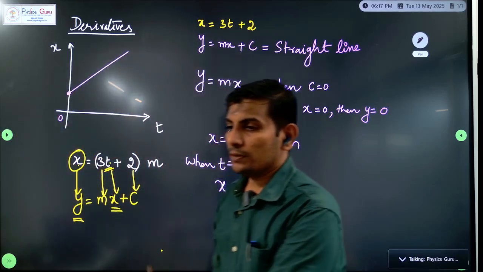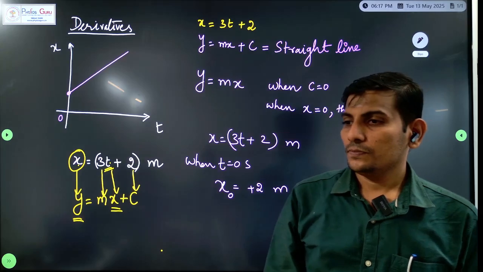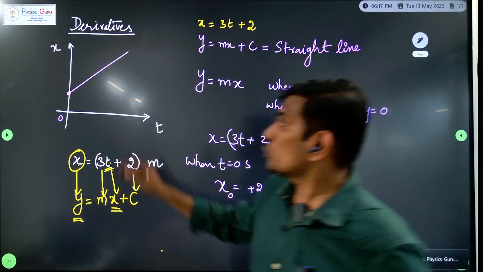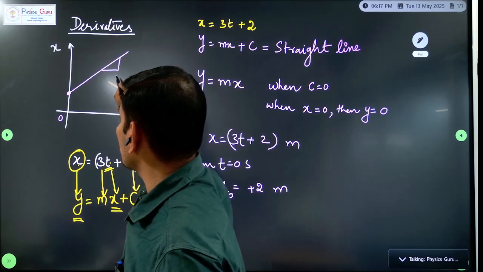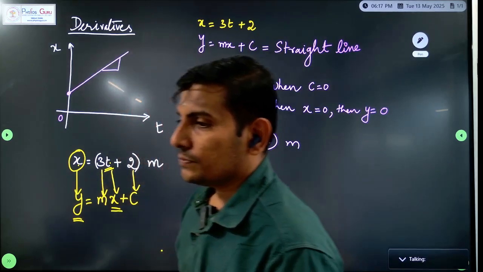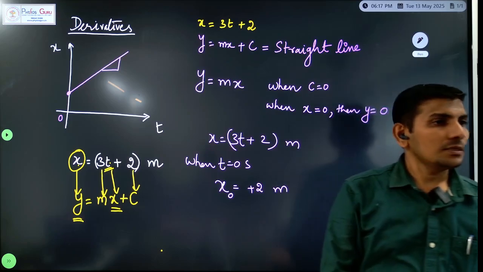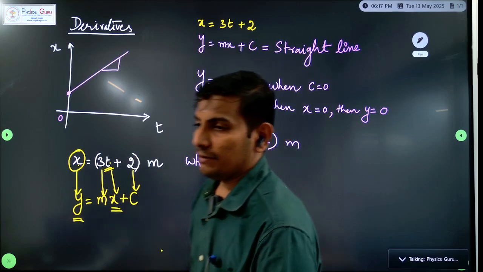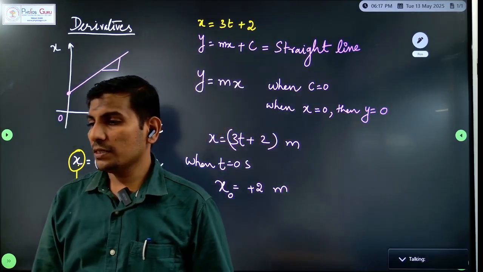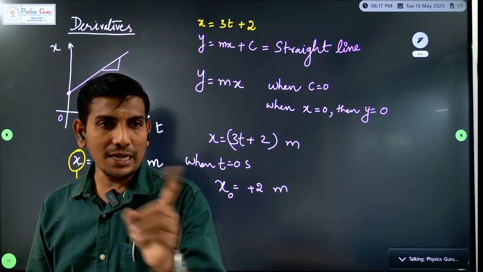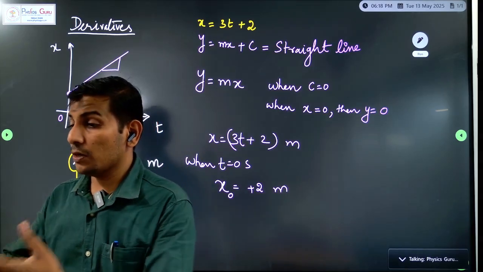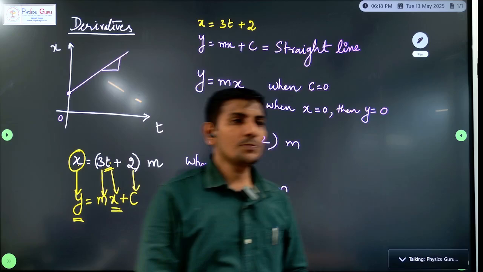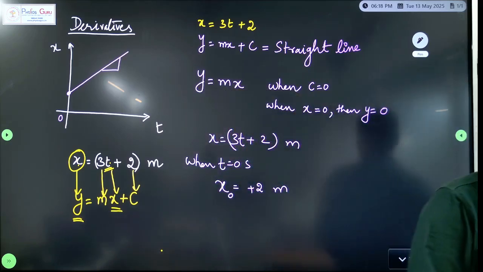And what does it say to me? This says the slope of the graph is constant. Slope of the graph is constant because for any graph, if you have a straight line as the graph progresses, then the slope must be constant.